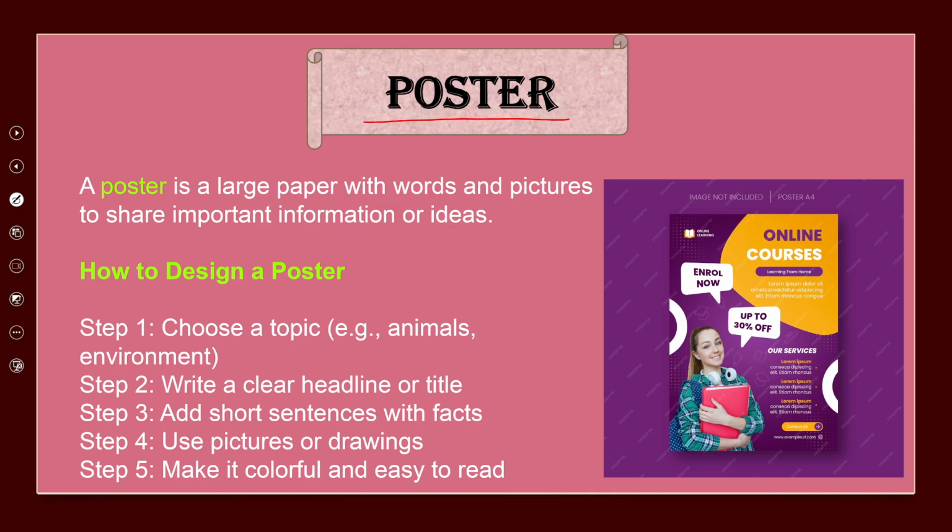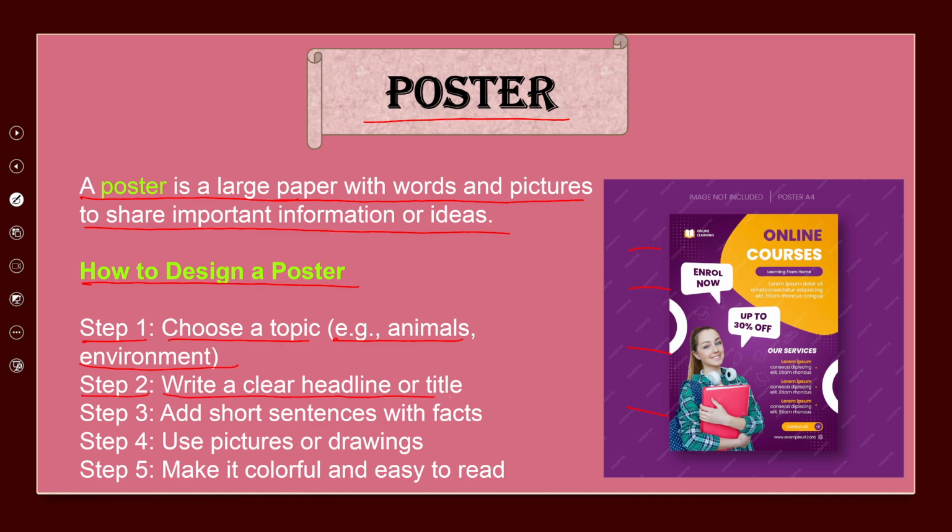Next one is poster. A poster is a large paper with words and pictures like this to share important information or ideas. How to design a poster? Step 1. Choose a topic, for example, animals, environment. Step 2.